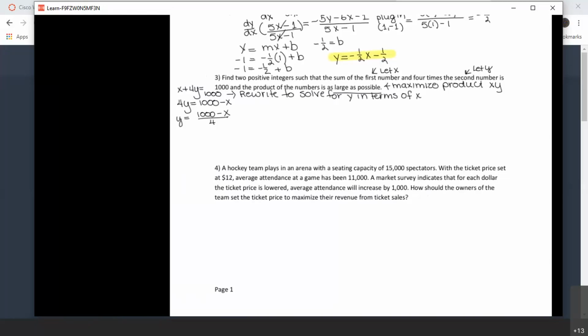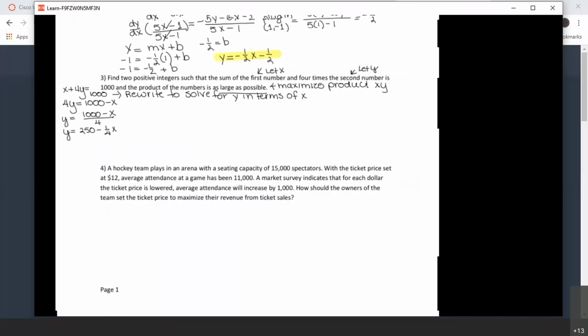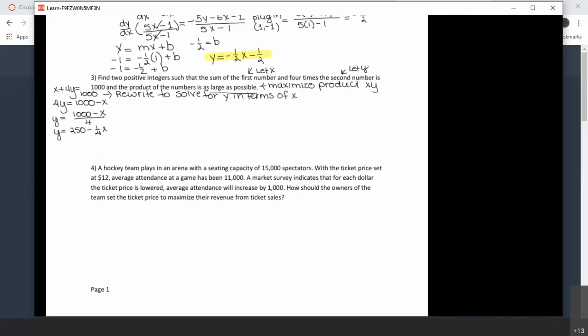So again, if you rewrite this, you're going to get y equals, I'm going to divide each thing by 4. 1,000 divided by 4 is 250. And this is going to be 1/4 x. Could you have also solved for x in terms of y? Yeah, sure. Actually, that would have been easier, right? Because this is by itself. The trick is get one variable. I don't care which variable you get. I just know most people are going to probably try to solve for y in terms of x.